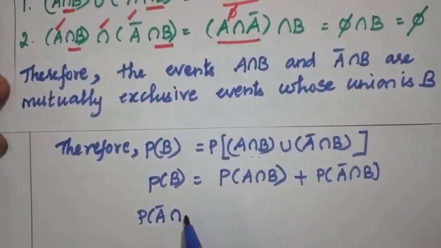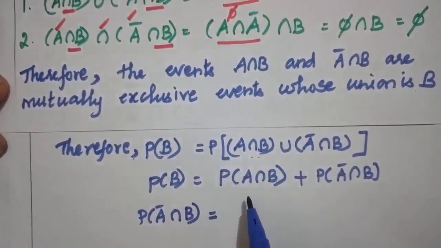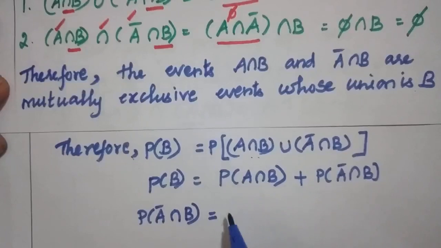P of A dash intersection B is equal to, now we can move this P of A intersection B to the other side.